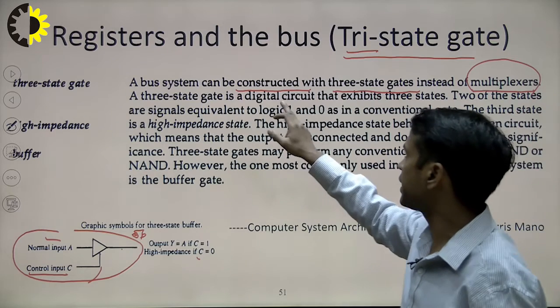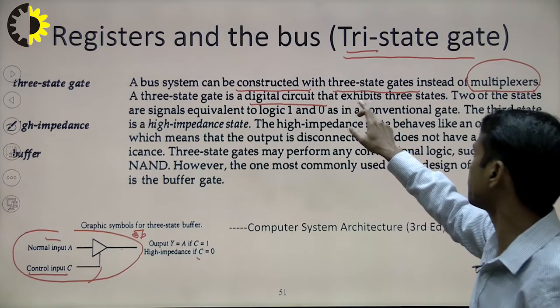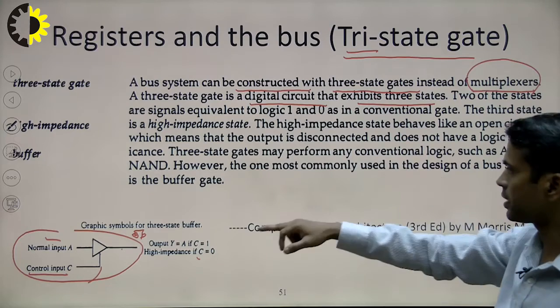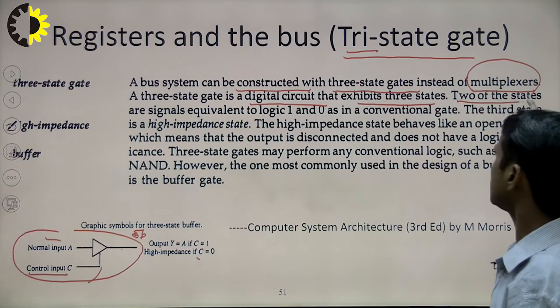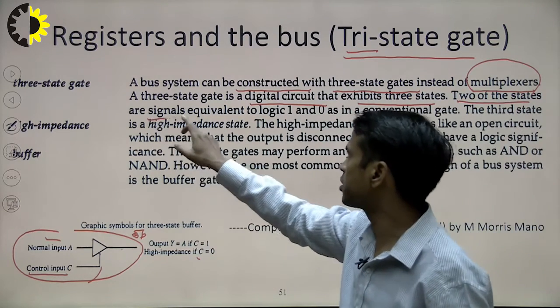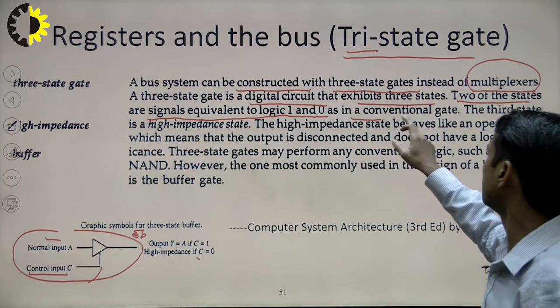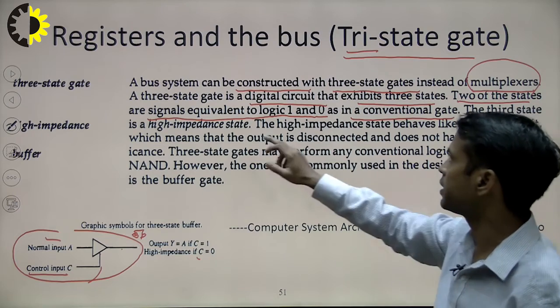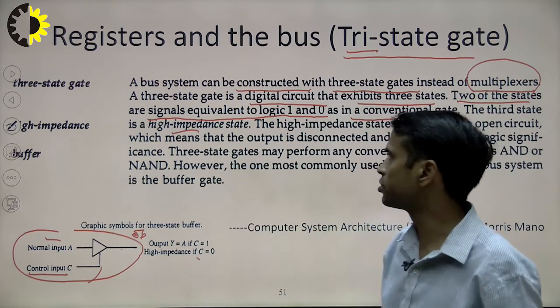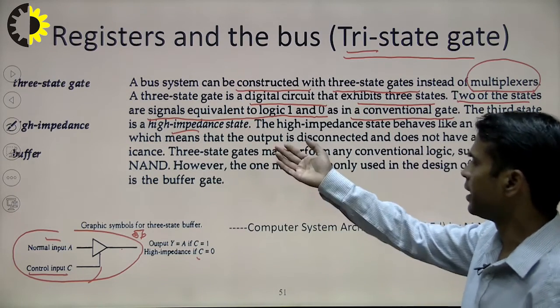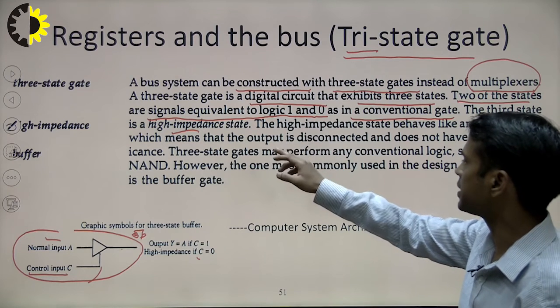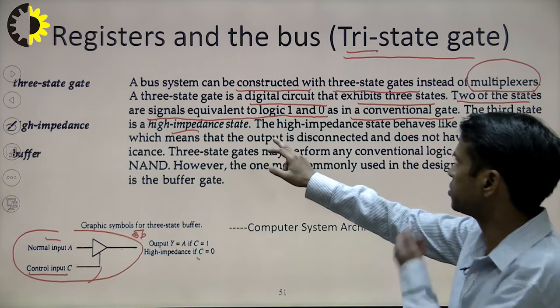So, a 3-state gate is a digital circuit that exhibits 3 states that we have discussed here. Two of the states are signals equivalent to logic 1 and 0 that we have already seen, and the last state is the third state, which is high impedance, that is when C equals 0.